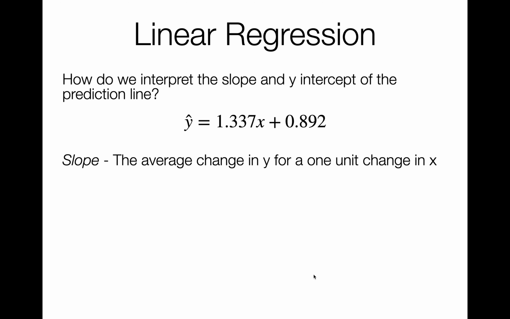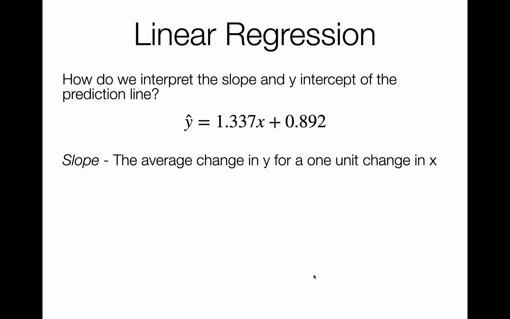In statistics, we're never going to have fractions, and so we're always going to run by 1. So a mathematical definition of slope is there's an increase of m in y for a 1 unit increase in x. As x increases by 1, y is going to increase by whatever the slope is.